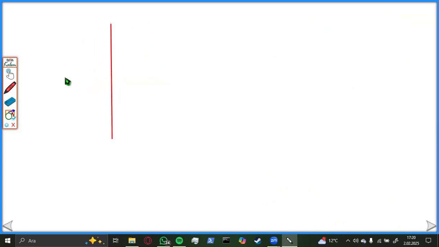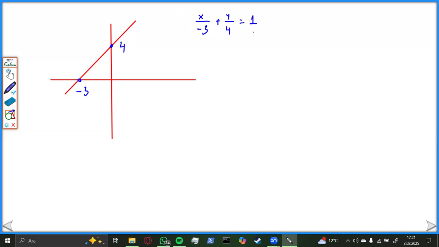Right now, assume that this is your line, and you know the x and y intercepts of the line. Assume that the y intercept is 4 and the x intercept is minus 3. Then you can use this equation: the x intercept is above x, so it is x over minus 3 plus y over 4, since the y intercept is below y, equals 1.